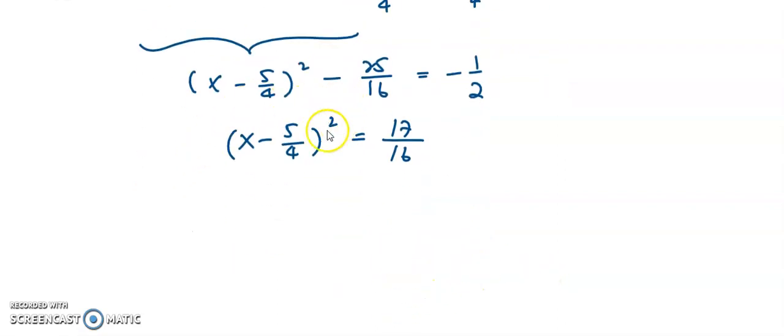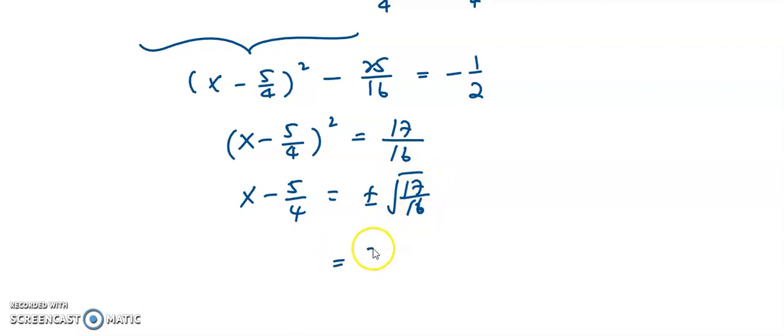So to eliminate the square, take the positive negative at the right side, square root of 17 over 16. And square root of 17 over 16 always can be written as square root of 17 over 4, because square root of 16 equals 4. And this is your x, taking this plus 5 over 4.